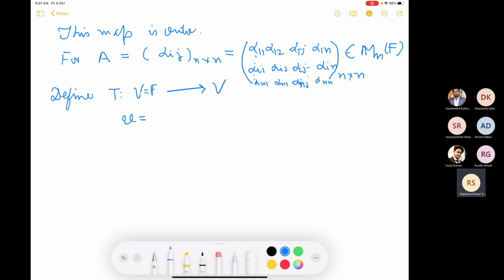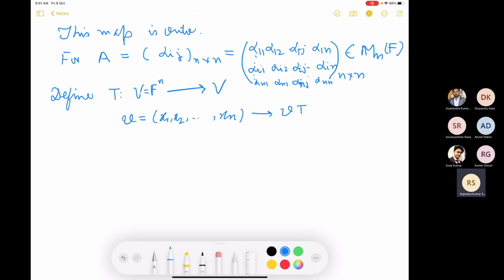So Fn means this is F cross F cross F, n times, and therefore every entry here would be an n-tuple. Let us take x1, x2, up to xn.